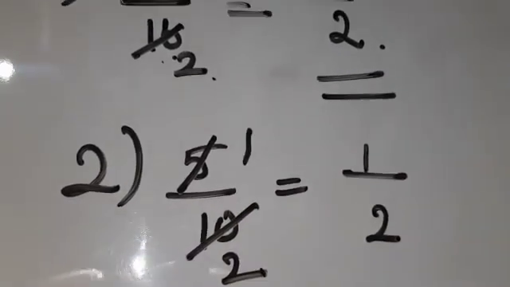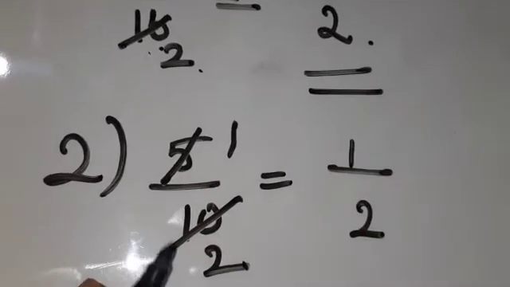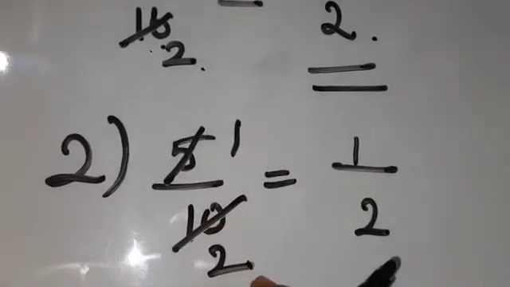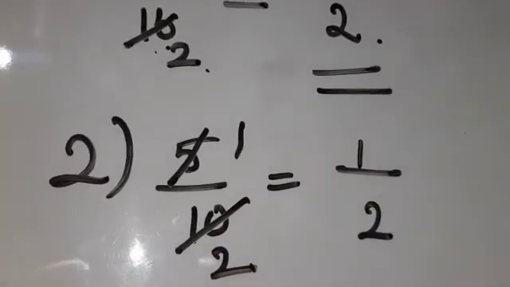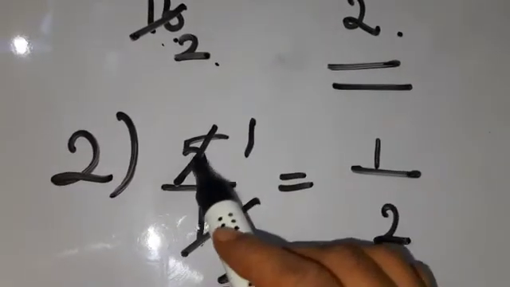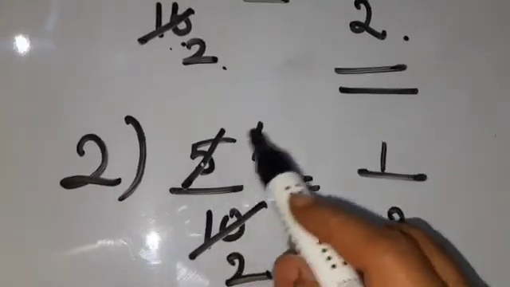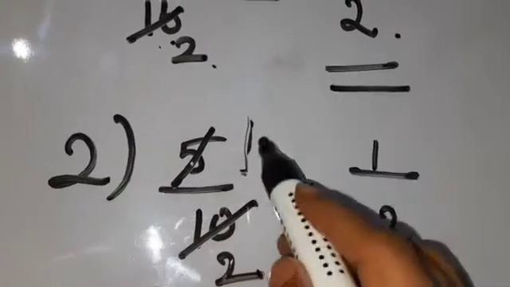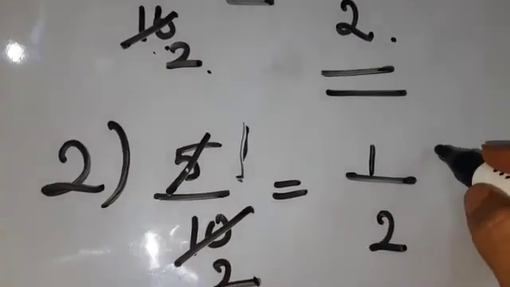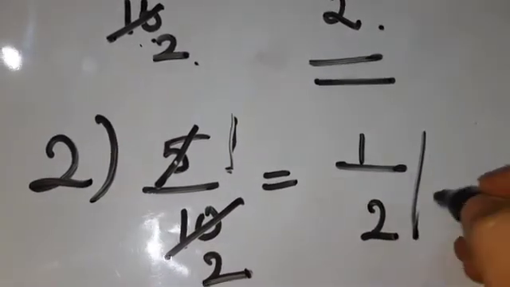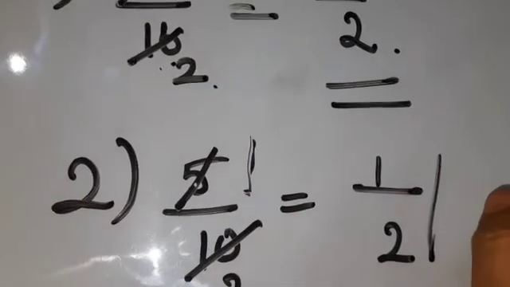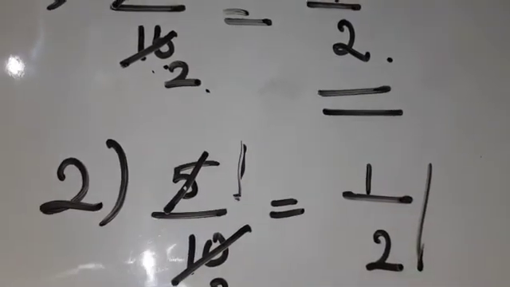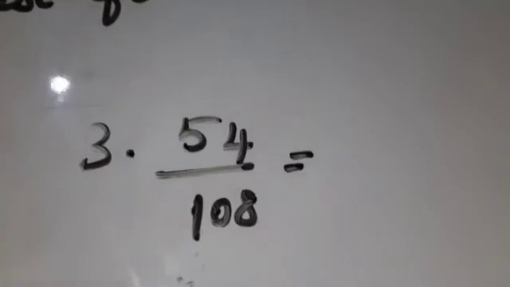So we have simplified the given fraction 5 by 10 in 5 table itself, which means 5 ones are 5. So we have cancelled in 5 table itself and we have got the lowest fraction form as 1 by 2. Let's do for the next sum.